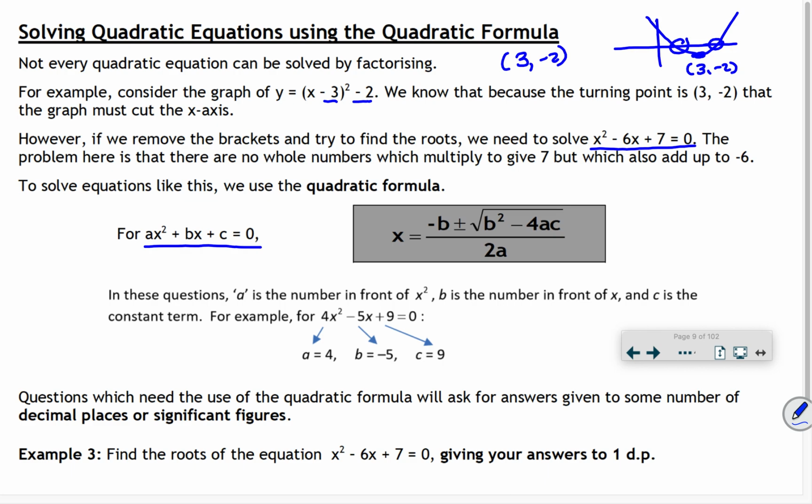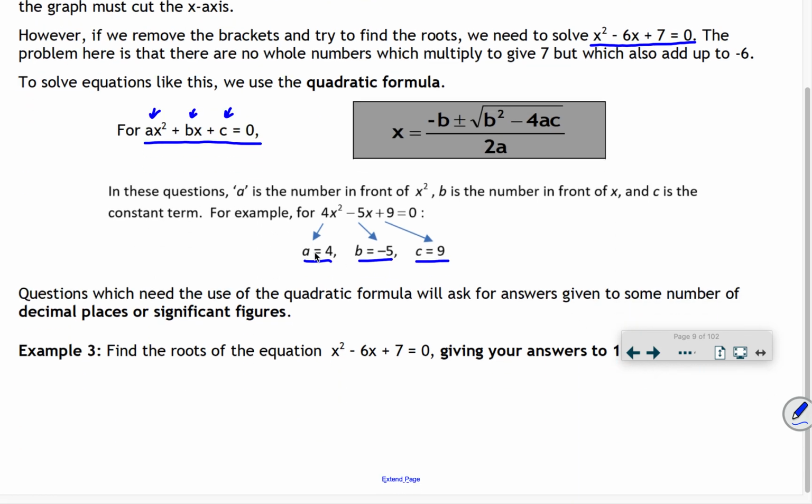So the formula works in terms of a, b and c, where a is the number beside the x squared term, b is the number beside the x term, and c is whatever number is left over. So for example, if we have 4x squared minus 5x plus 9, that gives us that a is equal to 4, b is equal to negative 5, and c is equal to 9.